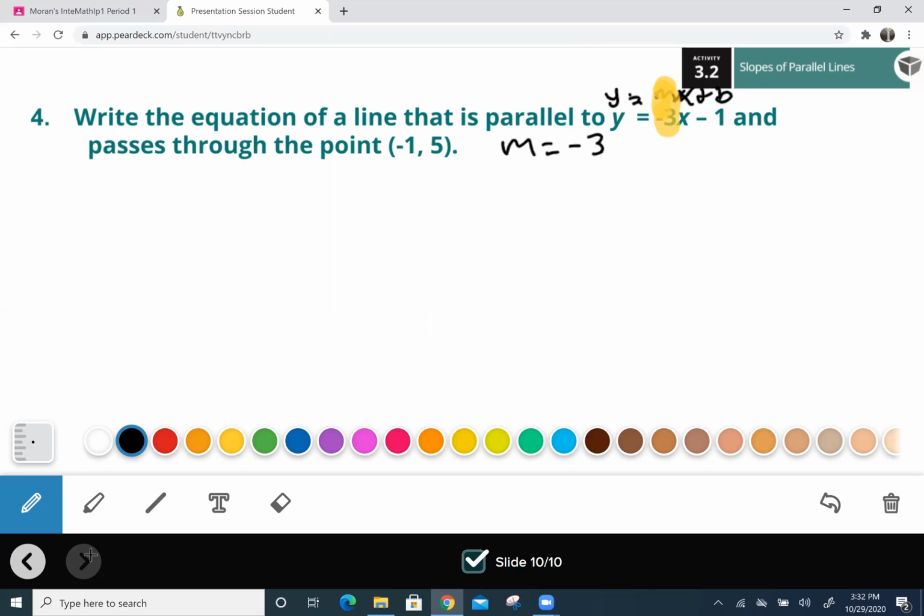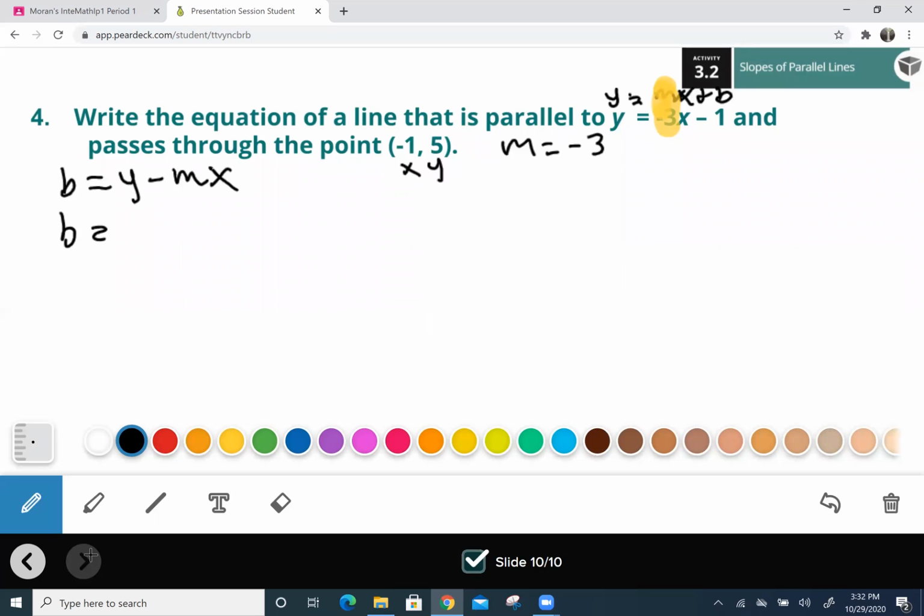The second part is to find our y-intercept. So how do we find our y-intercept? That's right, you go b equals y minus mx, and then just plug them in. You have x right here, you got y.